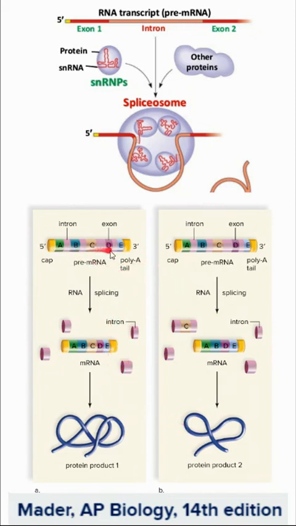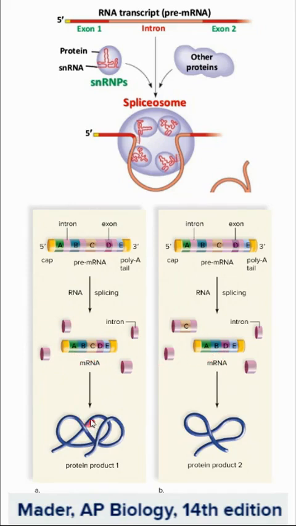So again, we can have A, B, C, D, E as exons within the pre-mRNA, these transcripts, but then we're going to splice out the introns, and we can reconnect the exons in different ways.